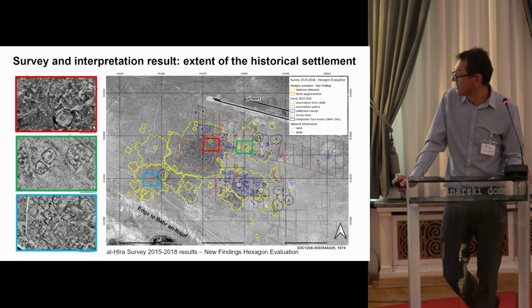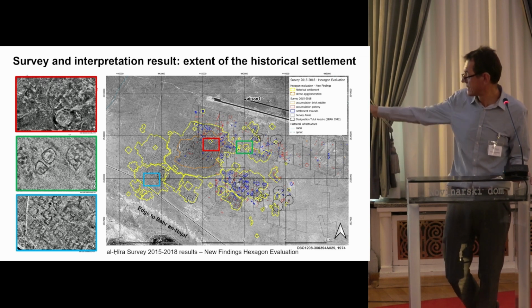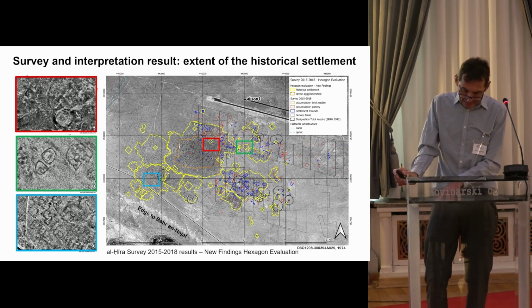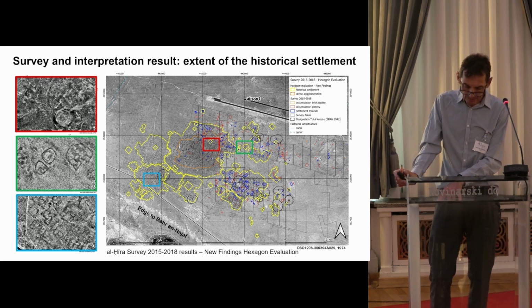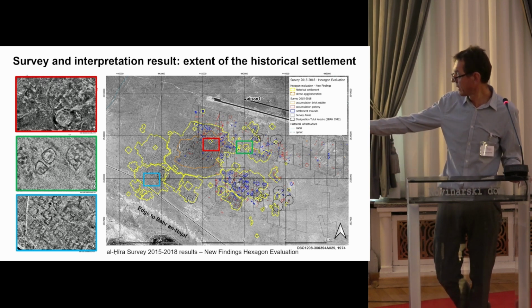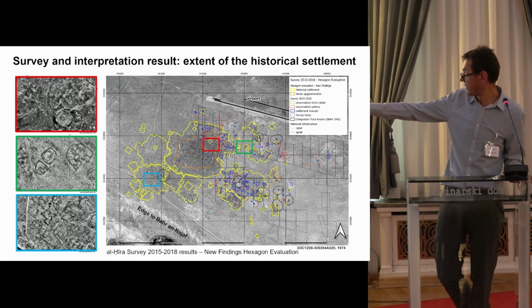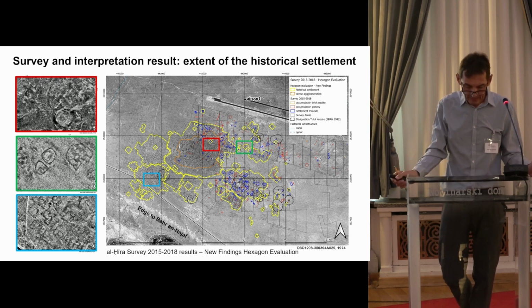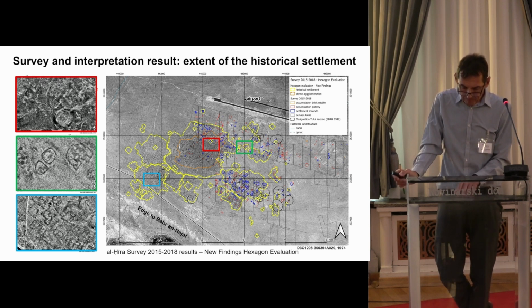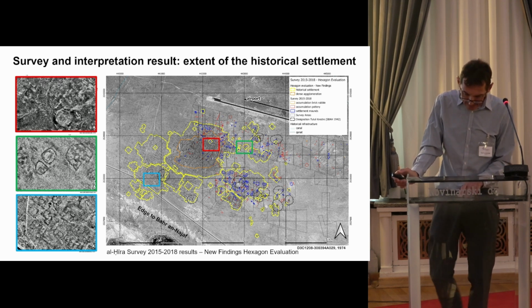The extent to the west and the south, which have been hitherto unknown, could be identified. Here are courtyard buildings, there, and here are traces of dense, small-scale settlement.